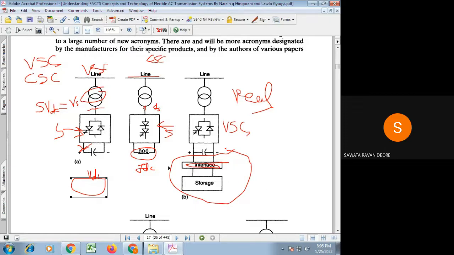So as I said, this converter provided with the storage is able to exchange real as well as reactive power with the transmission line.